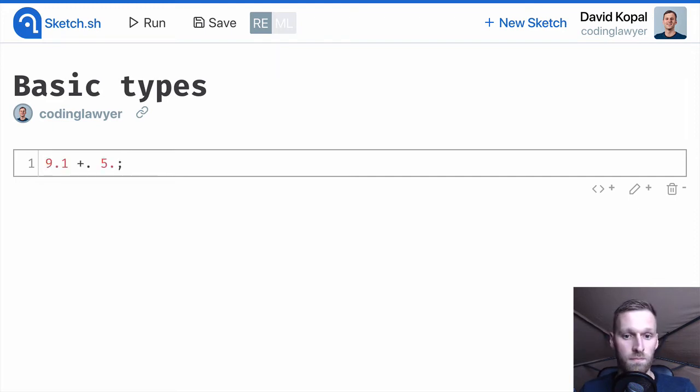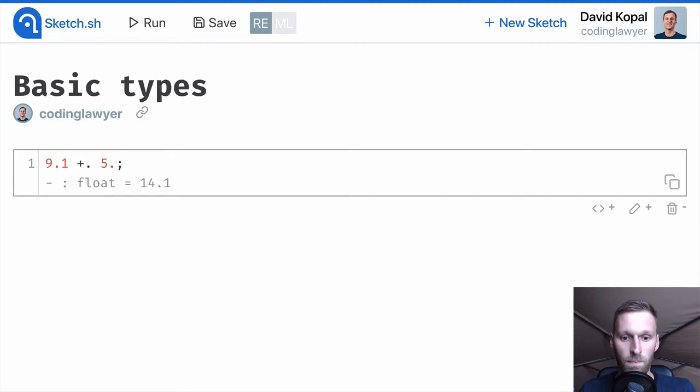Now, 9.1 plus 5 is 14.1. And as you can see, we use our decimal point when we use the add operator. We write our add operator, or plus sign, with the decimal point. Let's write another example. Now we got 340. And again, we use our multiplication operator with a decimal point.